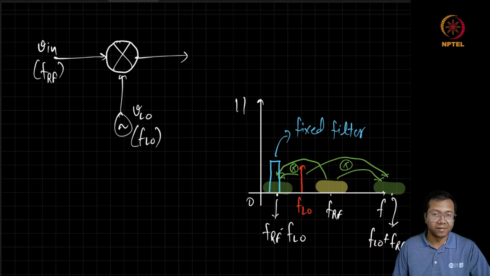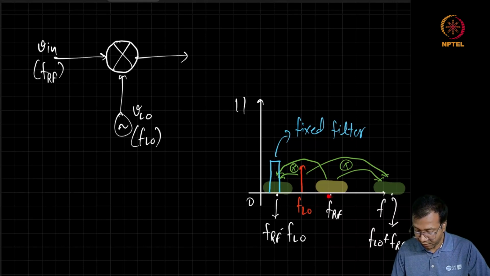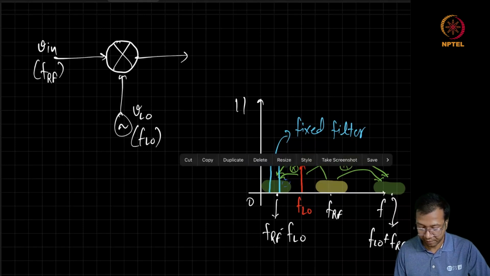And if you want to make this filtering tunable in the frequency domain, what we can do is change the LO frequency so as to move the down converted signal as a result of this mixing operation, so as to allow the required channel to always pass through this fixed filter.